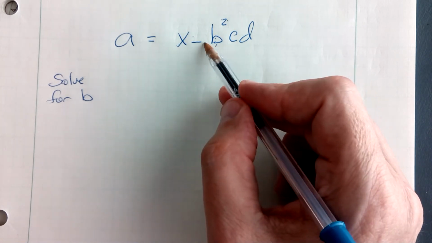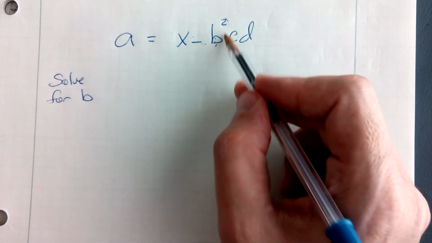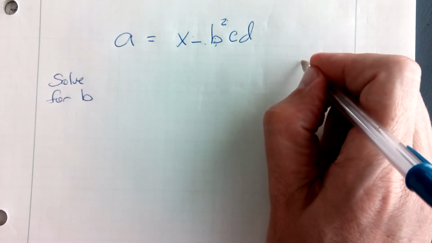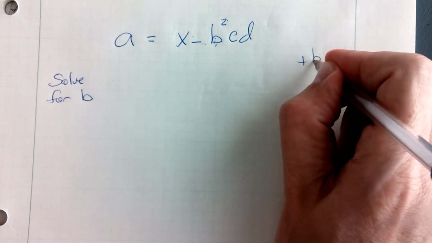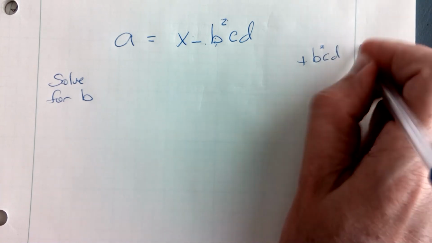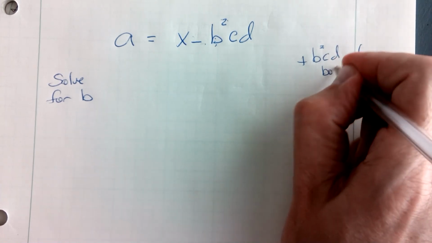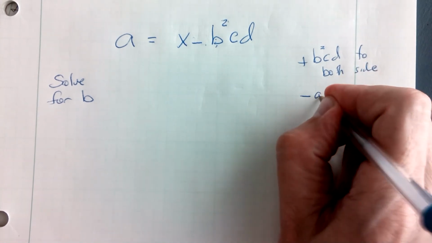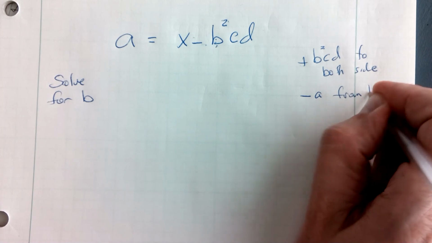Now again, I don't like negatives in front of the variable I'm trying to isolate. So what I would probably do is add b squared cd to both sides. And at the same time, I'm going to minus a from both sides.